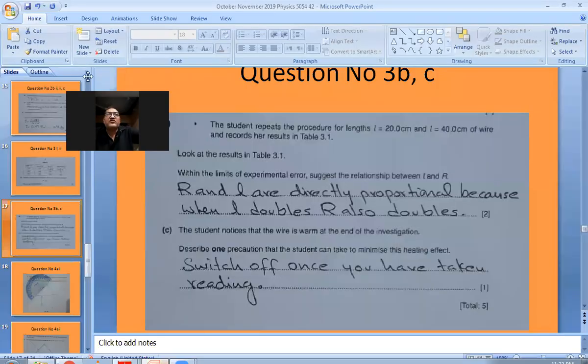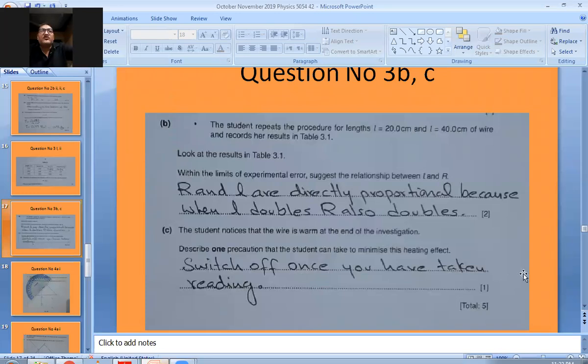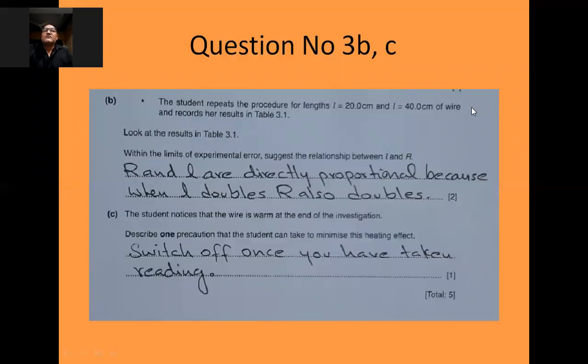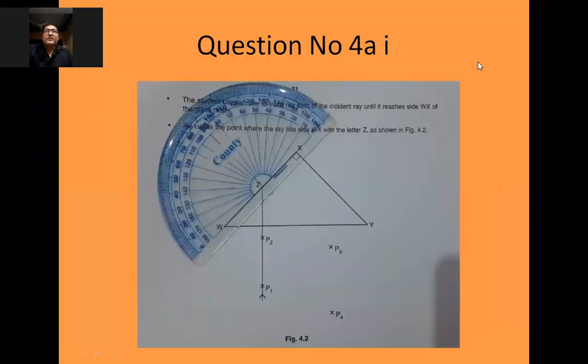Let me show you how I have done this. Okay, so here we go. If you want to draw the normal at point Z, you can see here I have taken my protractor, and the crosshair of the protractor is at the point Z, and the zero line of the protractor is on the line XW.